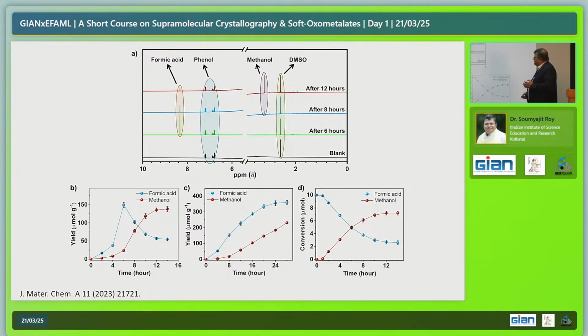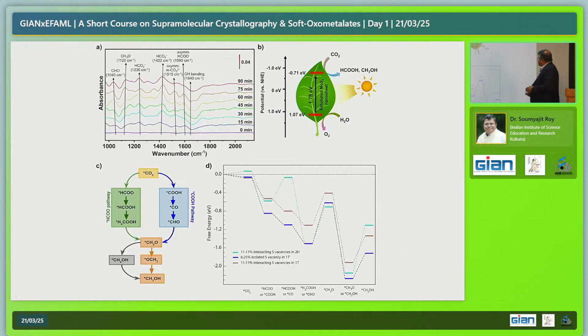This is under open condition, and under closed condition you always have the formic acid, which is the dominant product. So this means that initially you have the formation of the formic acid, but when you expose them more to carbon dioxide, then they go to more reduced species, and that is how methanol is being formed.